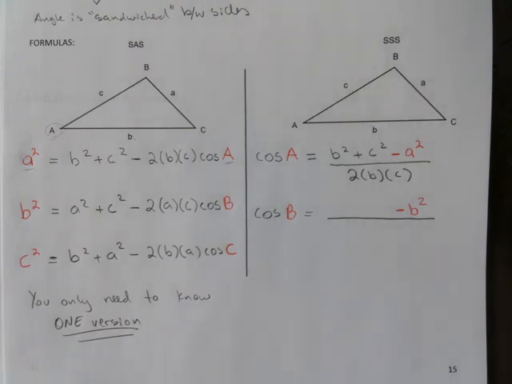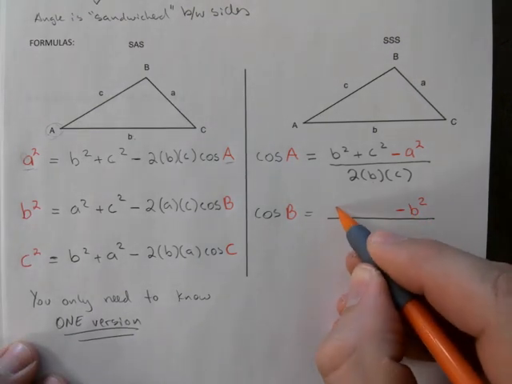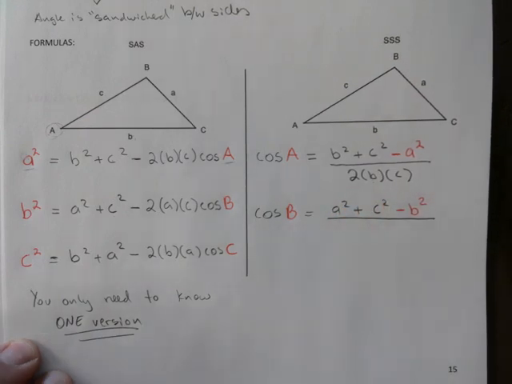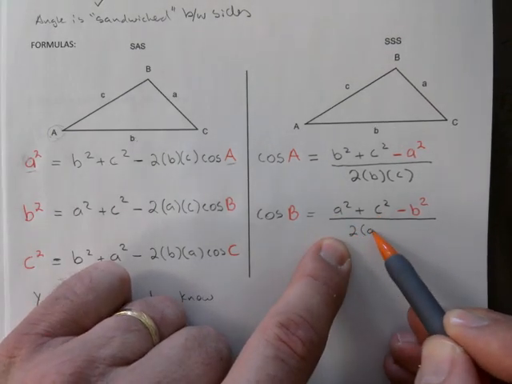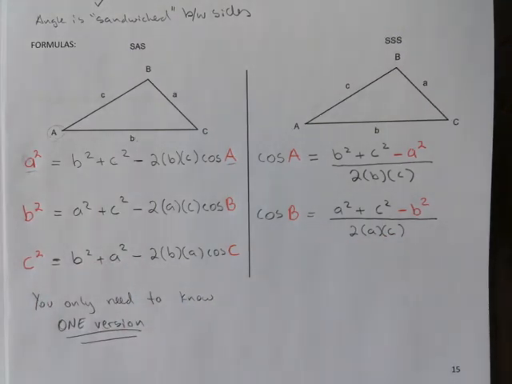I'm going to make sure the side across from the angle is going to subtract. And then what is left? A squared plus C squared. A and C are left, and these 2 sides show up in the denominator. See, these formulas are also on your formula sheet, but they're not as pretty.